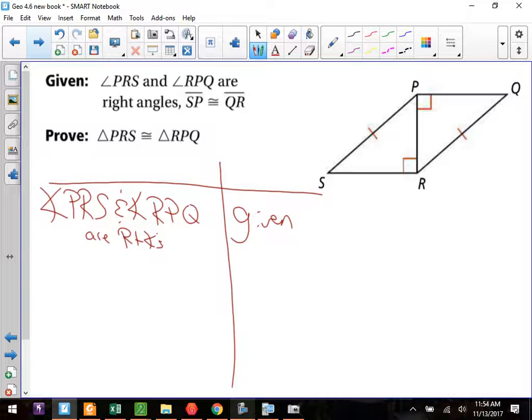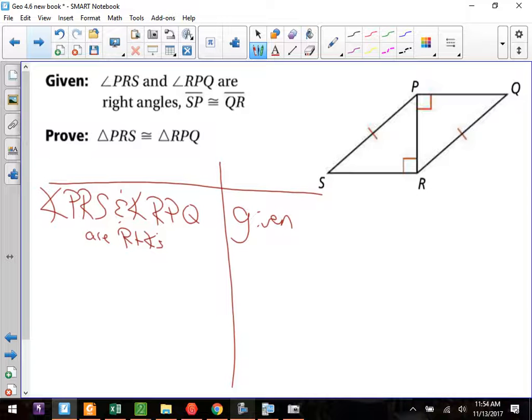On your progression sheet, what does it tell you to do once you have right angles? What do you think you can say? You probably already know this, not even look it up. Yeah, exactly. You just say that they're congruent to each other.